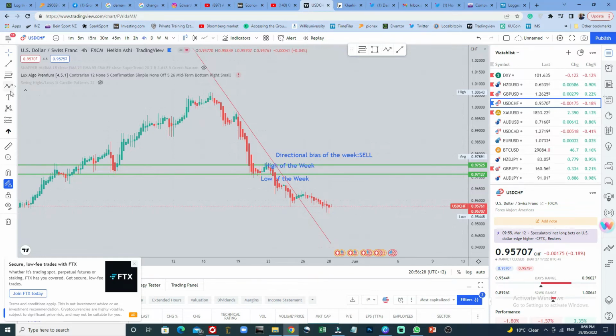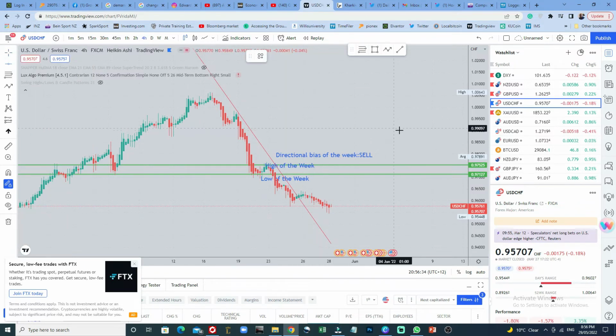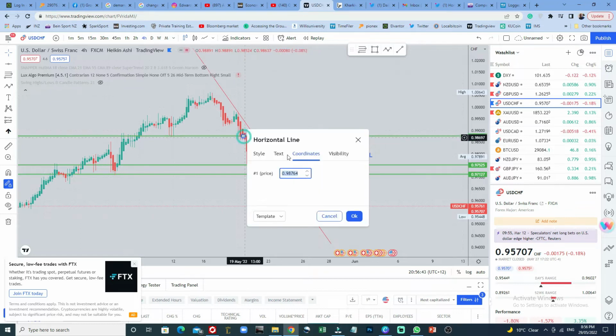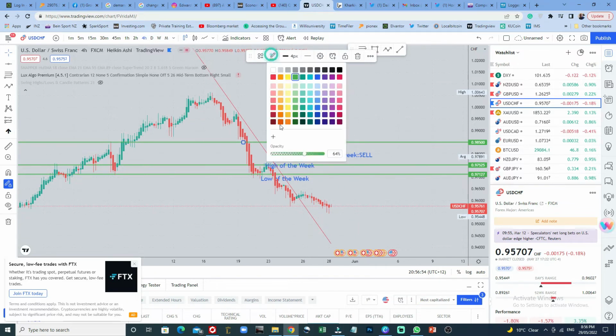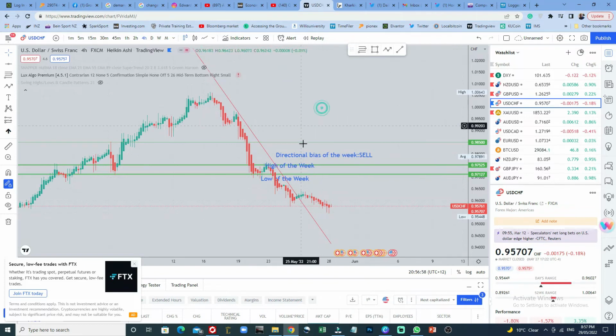So what we want to do now is to draw psychological levels that are rounded up. Let's say 98500. See, 98500 here, and let's make it thick.